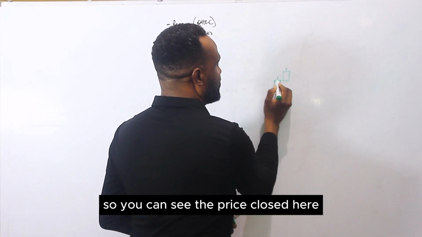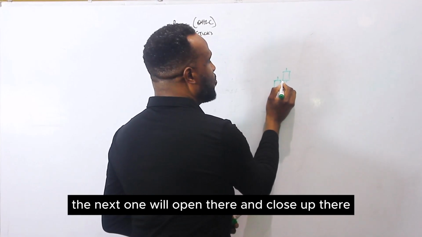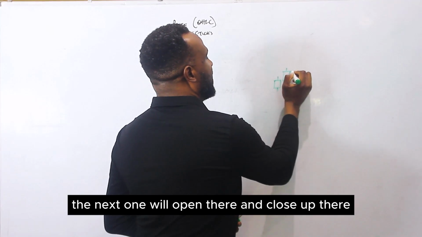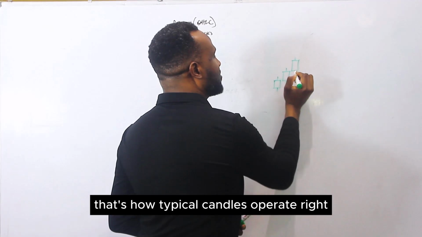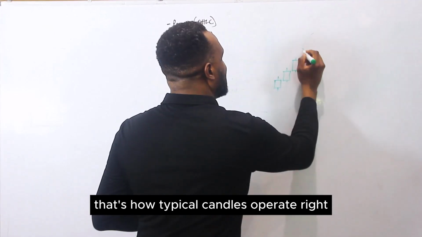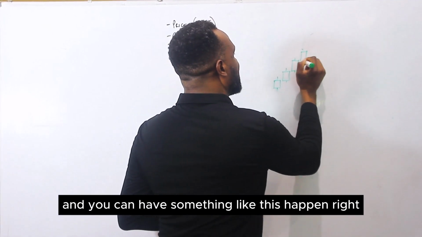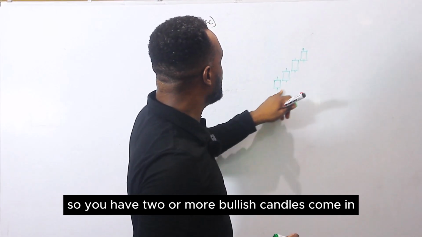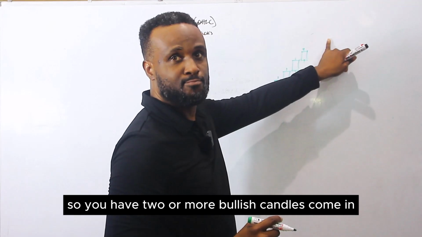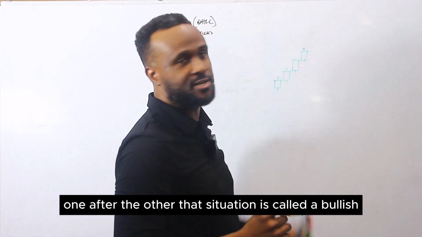Price closed here, the next one will open there and close up there, the next one will open there and close up there. That's how typical candles operate, right? And you can have something like this happen, where you have two or more bullish candles coming one after the other.